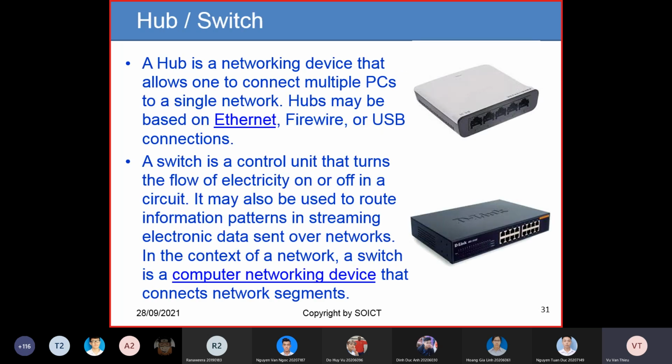Next is hub and switch. A hub is a networking device that allows one to connect to multiple PCs. For example, in our university, we have only one or two channels from the internet provider, and then we share this channel with all users in our university.